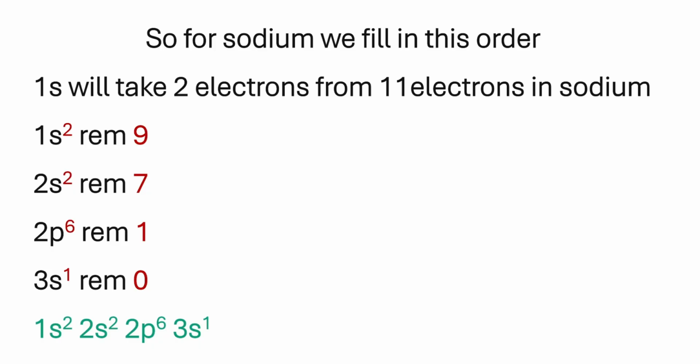So at the end of the day, we are going to have 1s2, 2s2, 2p6, and 3s1. Fantastic. You will notice that they shared the 11 electrons accordingly based on the maximum number of electrons the subshells are allowed to carry till the 11 electrons that are available are exhausted.